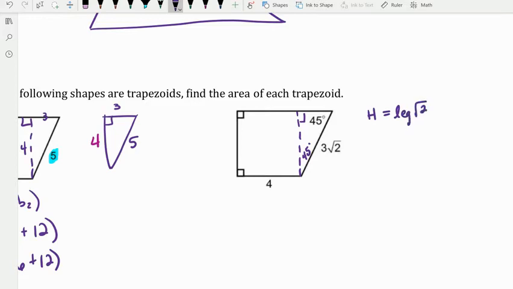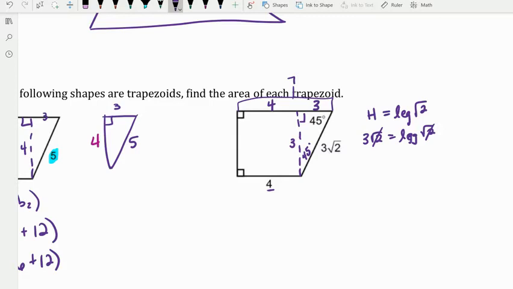So if our hypotenuse is 3 radical 2, then our leg, radical 2, we can get rid of both of those radical 2s, so our legs are both 3. So that's 3, and this is 3, right? Now we also know that this base down here is 4, which means this one up here is 4. So then this whole thing up here would be 4 plus 3, which is 7.